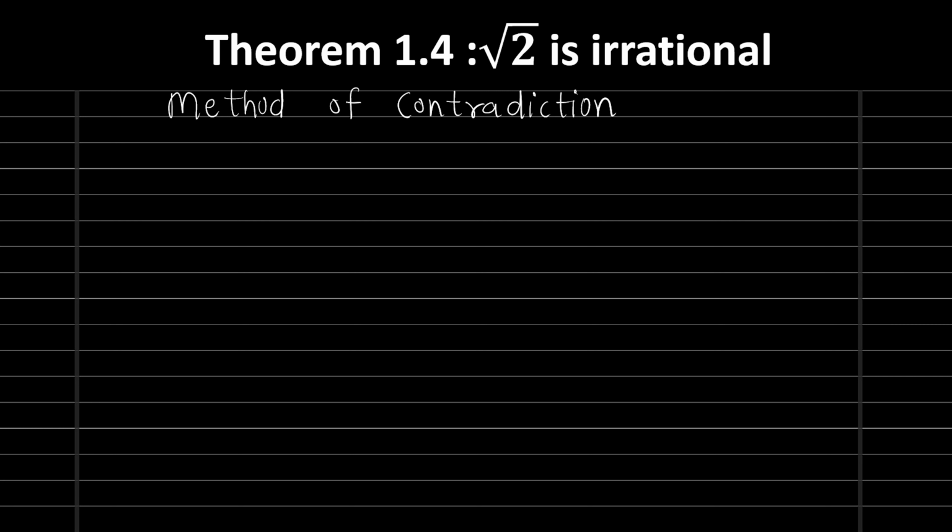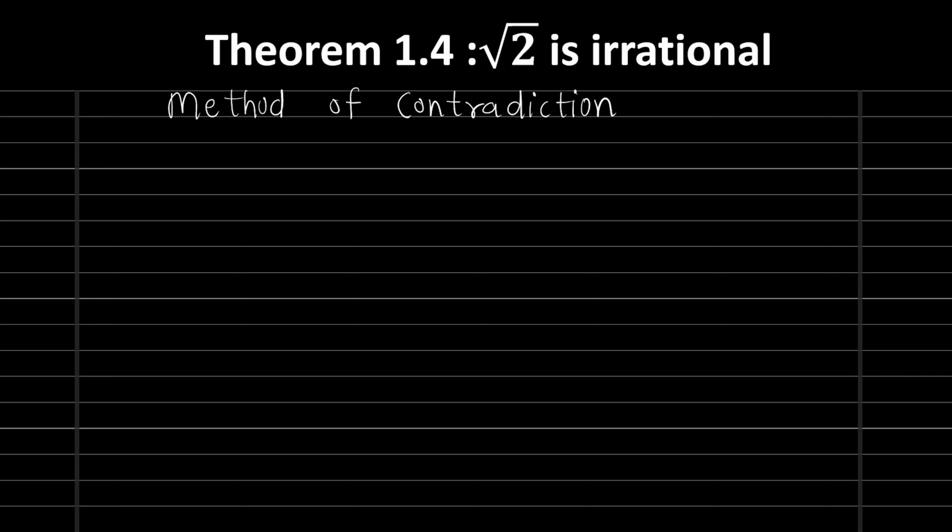What is the meaning of this method? It implies that we are going to first of all assume something wrong. And based on that wrong assumption, you will get the result also wrong. So we will conclude that our result is wrong because our assumption was incorrect. So this is the way we have to prove Theorem 1.4.